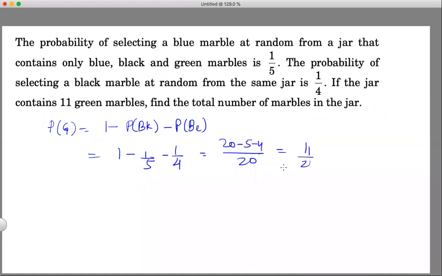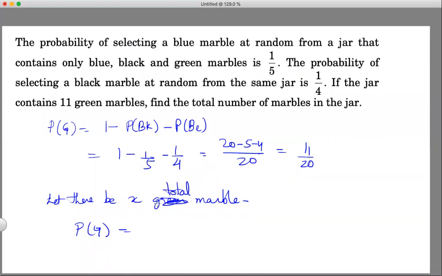11 by 1. Okay. So this is the probability of green marbles. And let there be X total marbles.